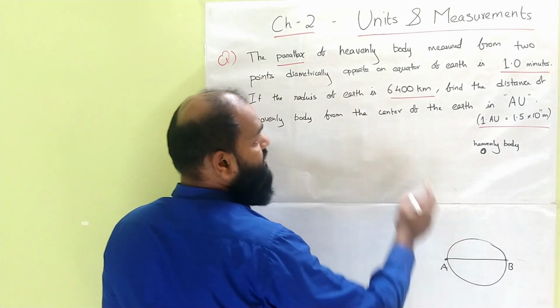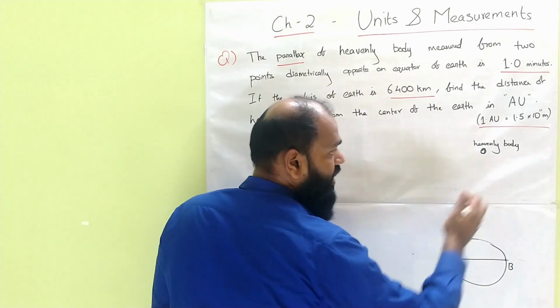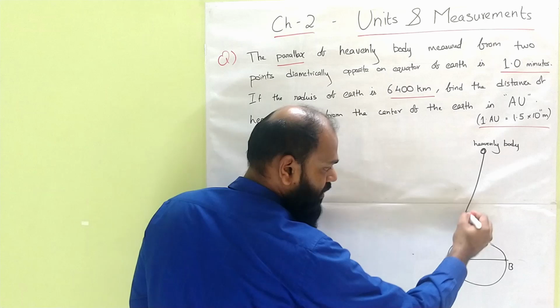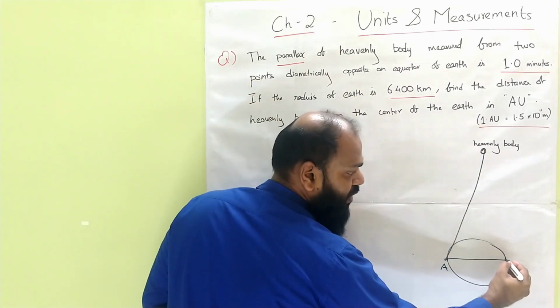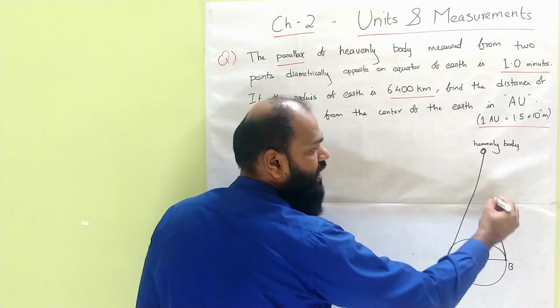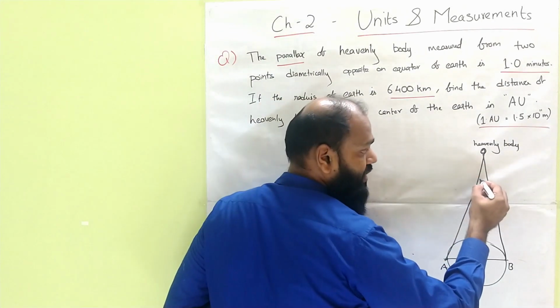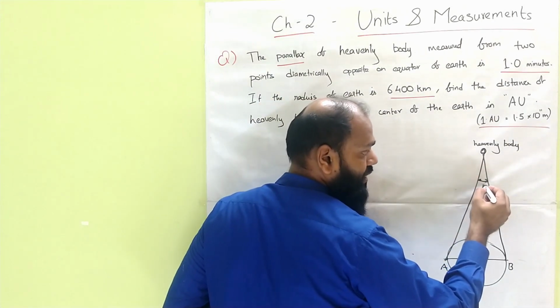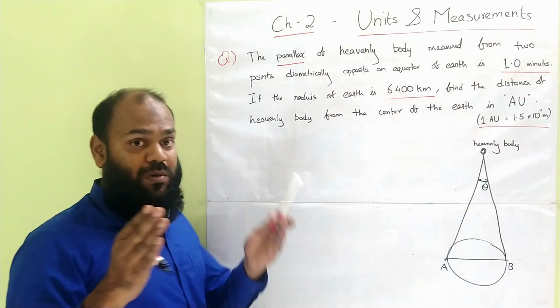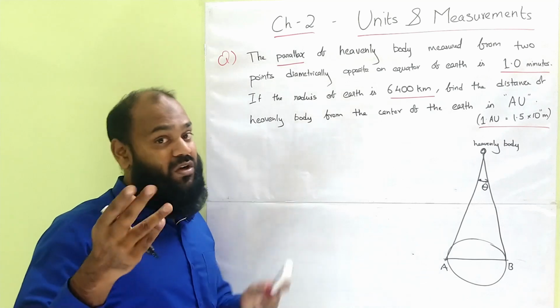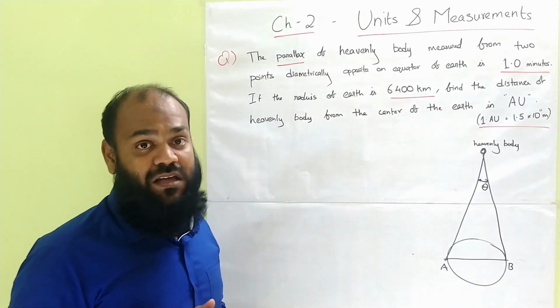Now from point A we are looking at the heavenly body, and from the second point B we are also looking at the heavenly body. The angle subtended, theta, is called the parallax angle, and AB, the distance between the two observation points, is called the basis, which we have seen in the parallax method, right?